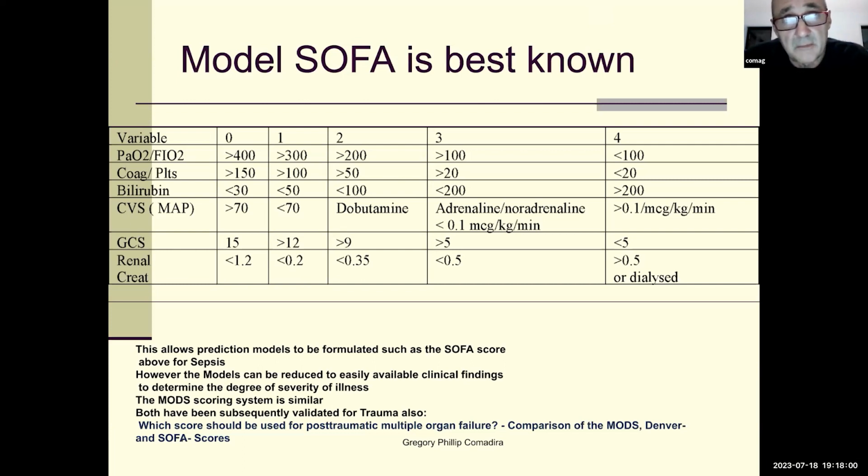So any multimodal, physiologically based scoring system will work to tell you A, how sick you are, and B, your risk of death. Consequently, we're going to look at what's available to us simply in trauma.